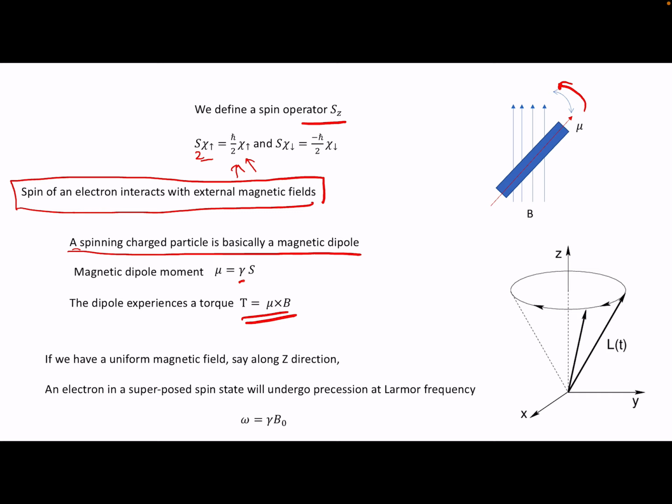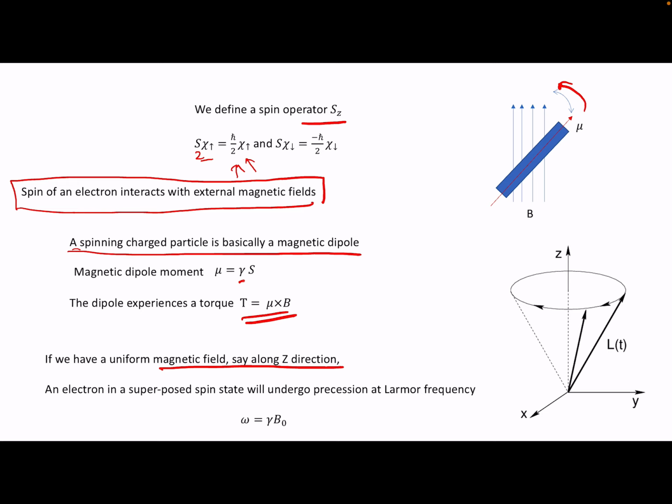So if, let's say, we have an electron in a uniform magnetic field along Z, it is known. I'm not going to solve it here because it is just too much detail, and if necessary, you can always contact me and I will explain how it actually works.